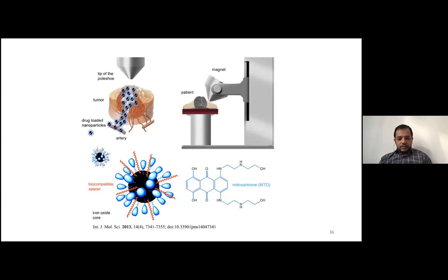This is true for humans as well. A strong magnet can pull the particles to get trapped from the vasculature in a desired location. The only difficulty with this is that the target location has to be superficial. We cannot use this technique to reach deep locations in the body, although there are other techniques that we can definitely use to do that.